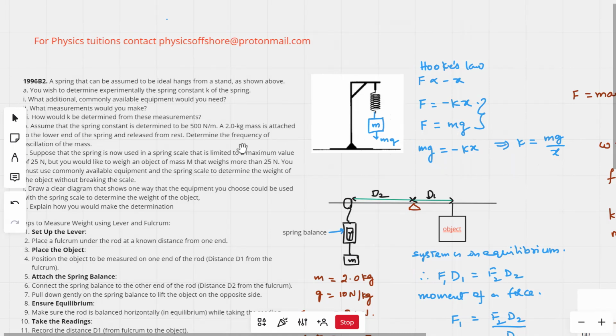That is what he is asking about: how would k be determined from these measurements? These are the only measurements. I need only one measurement, that is the stretch in the spring. With that, I can determine the spring constant. To measure the stretch, I need only the ruler, or meter scale. That's enough for me.